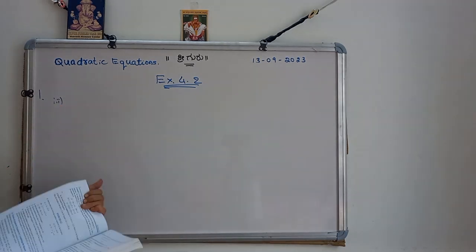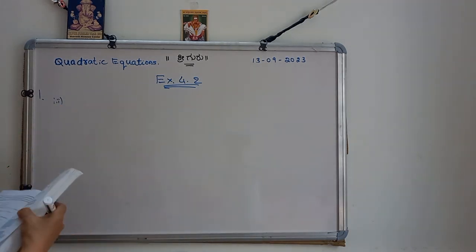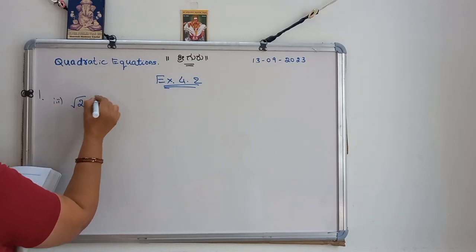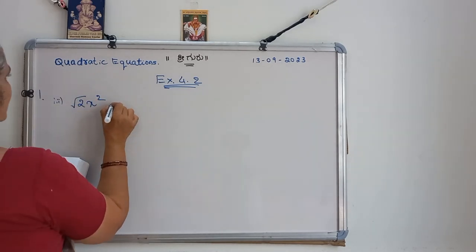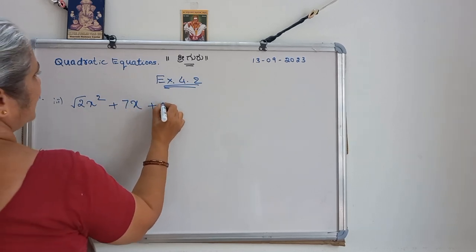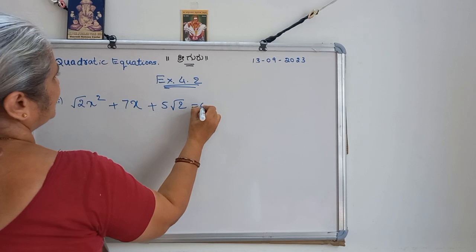Now the third one. Root 2x square plus 7x plus 5 root 2 is equal to 0.